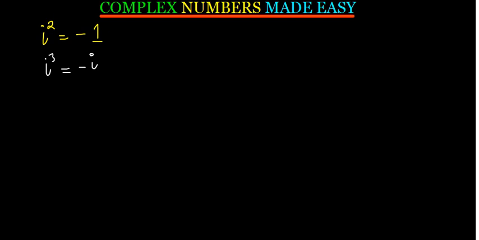And then I'm going to multiply again. i to the power 3 times i, we are going to have i to the power 4. Negative i times i, we are going to have negative i squared. But remember what i squared is. Where there is i squared, I'll put negative 1, so negative i squared is the same as positive 1. I hope we are following that.